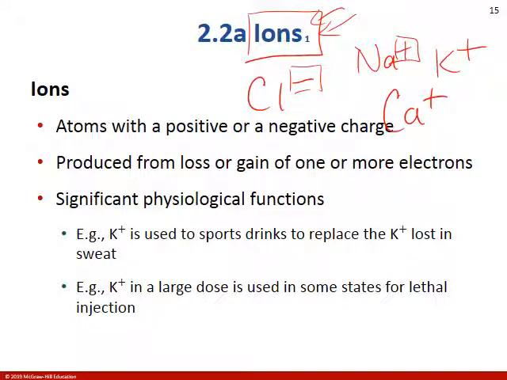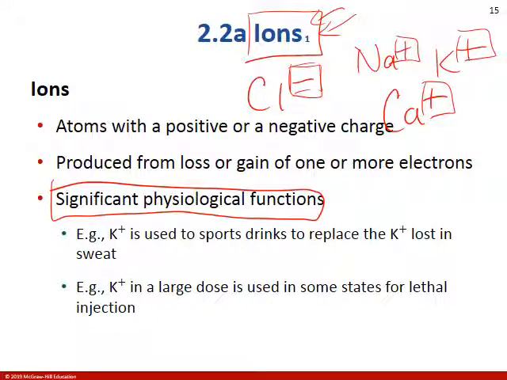And I like to think that these are the elements, or the atoms of the elements, that are doing the most work. So if you see something that has a positive or a negative next to an element name or an atomic symbol, this is probably significant to some sort of physiological function.